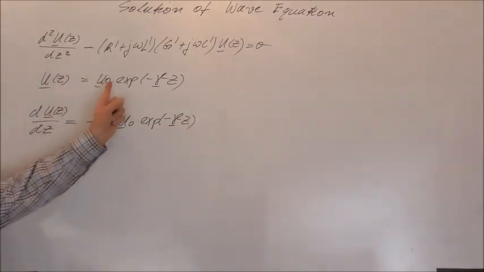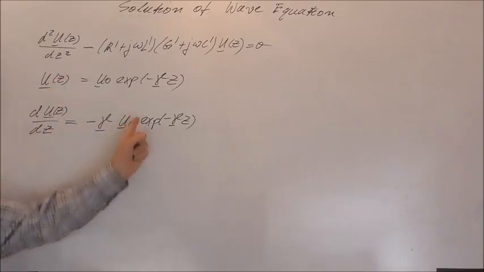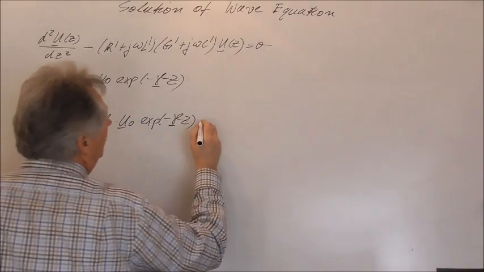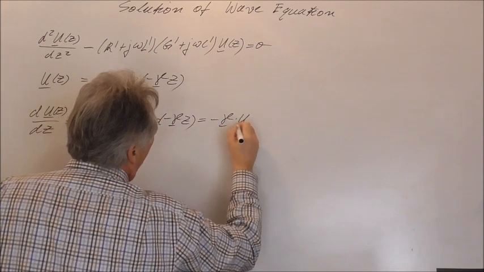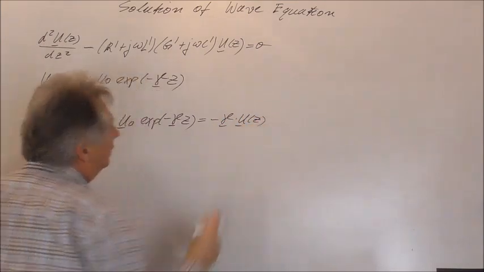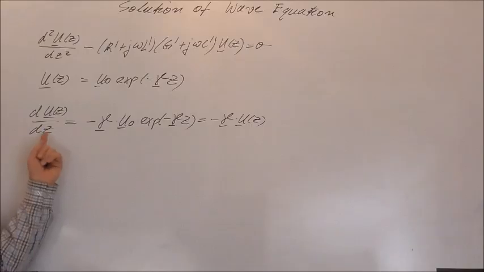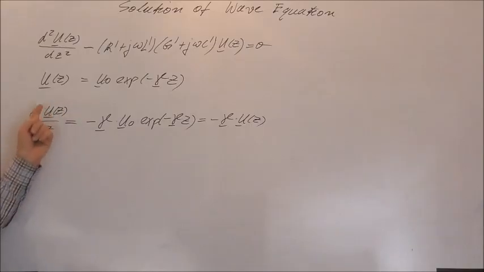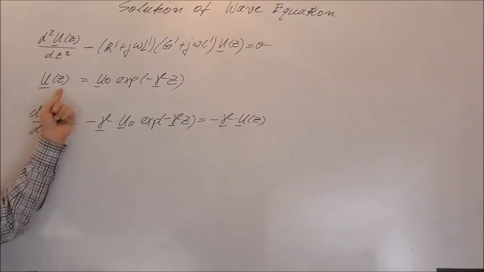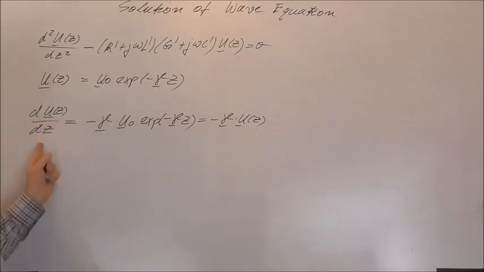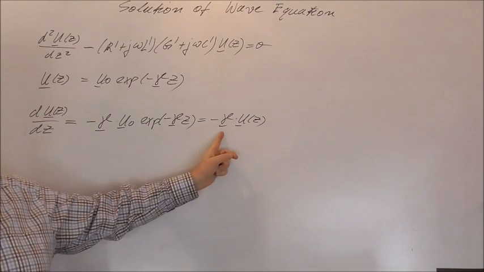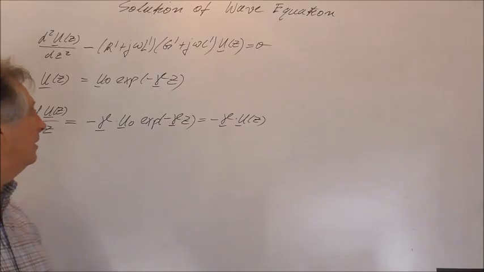Or you see here our original function appears, so we can say this is minus gamma times u of z. As a result, if you derive the function u of z with respect to z, this goes over into a multiplication with minus gamma.